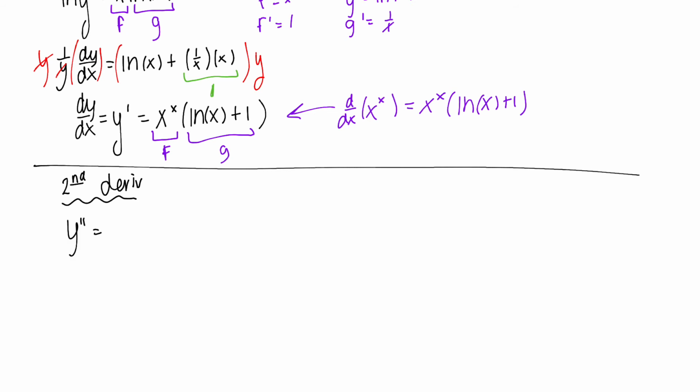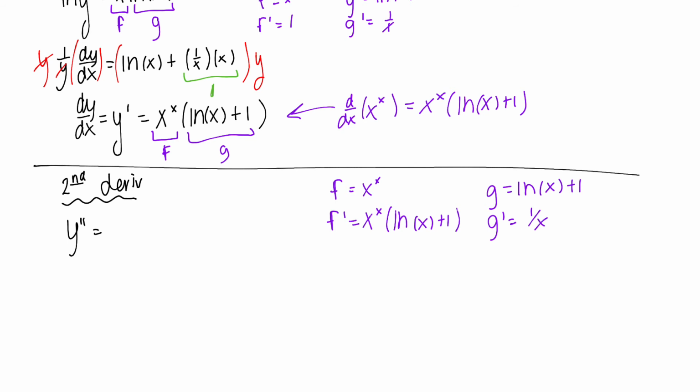So for y double prime, for f you have x to the x, f prime, like I said, you've already found that, x to the x ln x plus 1. G is ln x plus 1, and that derivative is just 1 over x.